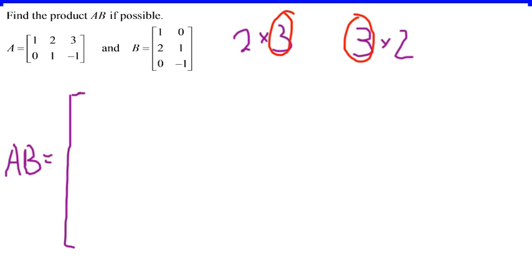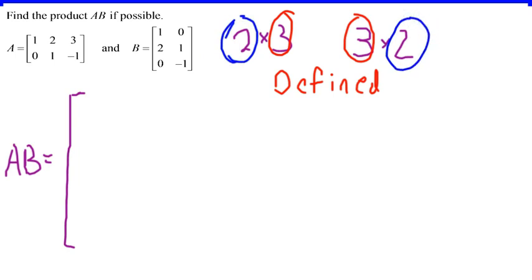So this product is defined. If we say a product is defined, that simply means that we can multiply the matrices out to get a product. Now we need to look at the rows of the first matrix and the columns of the second. That tells us the dimensions of the product. So our end result will be a 2 by 2 matrix.